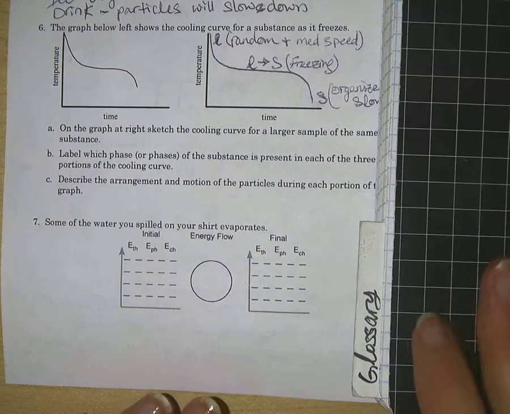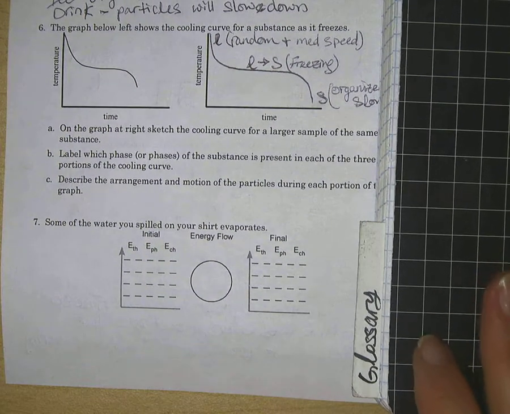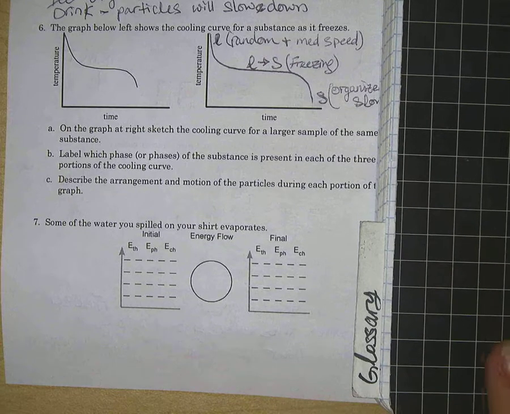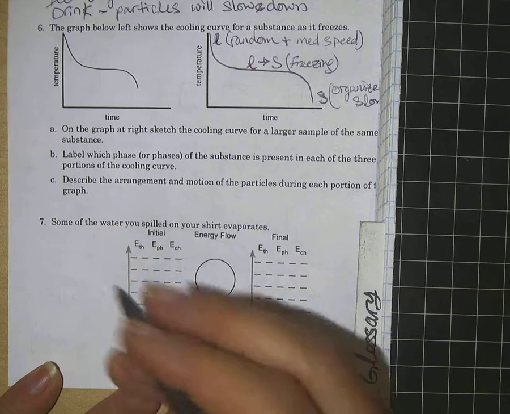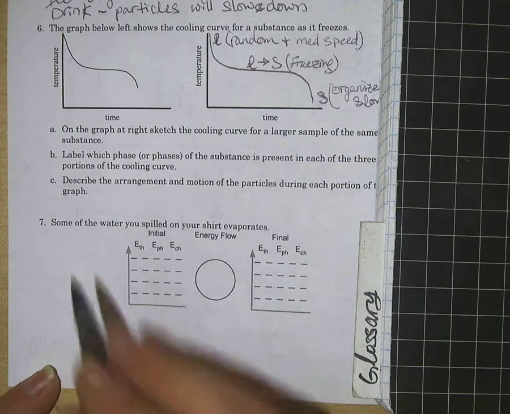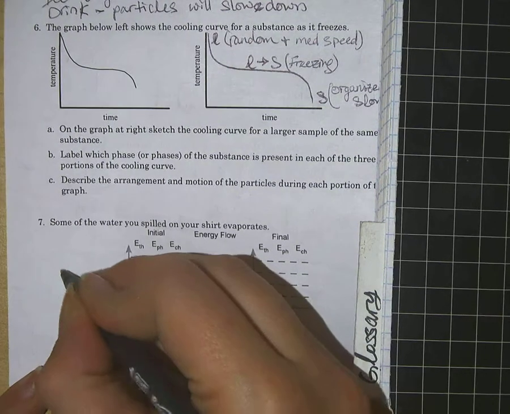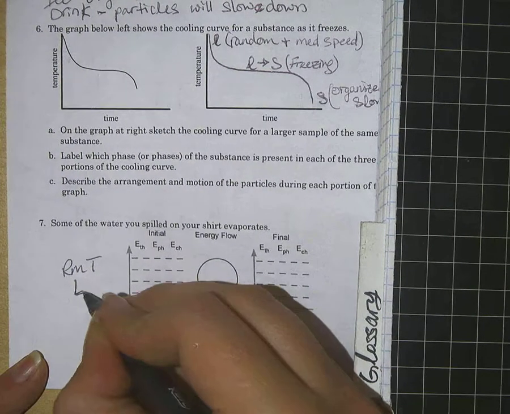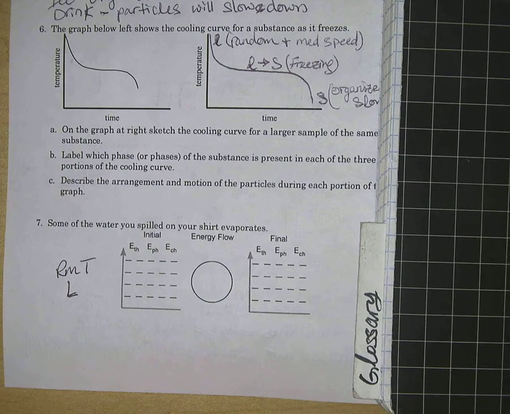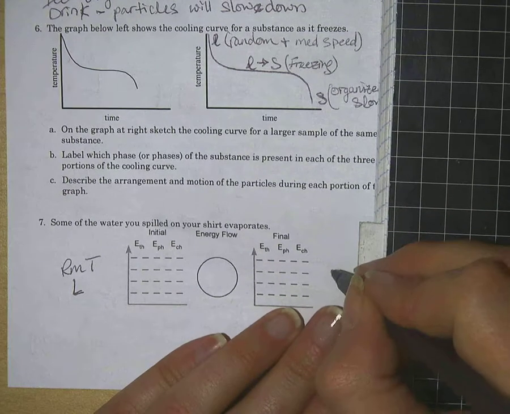Some of the water you spilled in your shirt evaporates. So this sentence seems way more vague. It is a little harder, but we're still going to do our energy bar charts. So we have water, and it doesn't say anything about temperature, so I'm assuming it's room temperature. And since it's spilled, it's got to be a liquid. And then it's on my shirt.